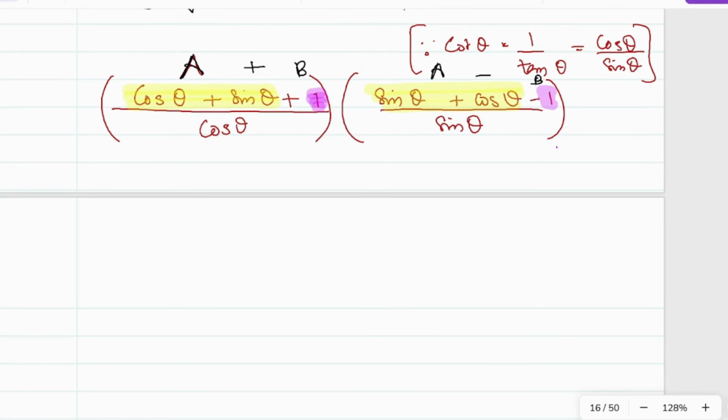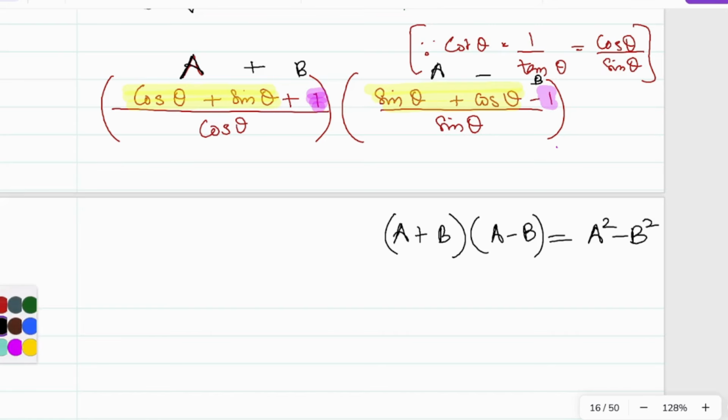So the numerator is in which form? It follows the identity (A plus B)(A minus B), and its value is equal to A square minus B square. Here what is A? A is equal to sin θ plus cos θ, clear?